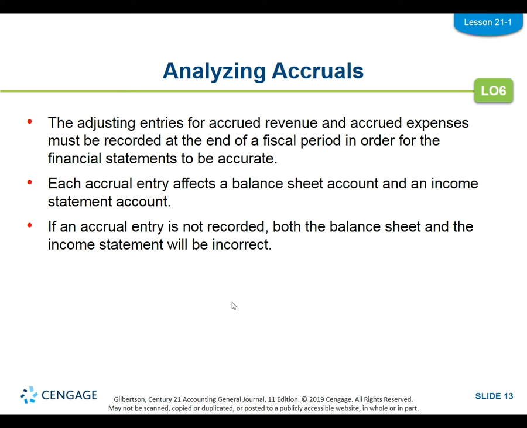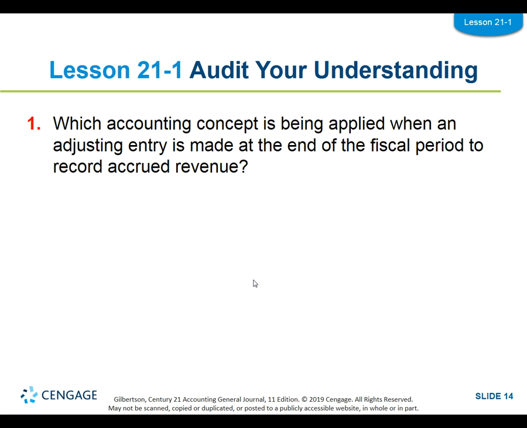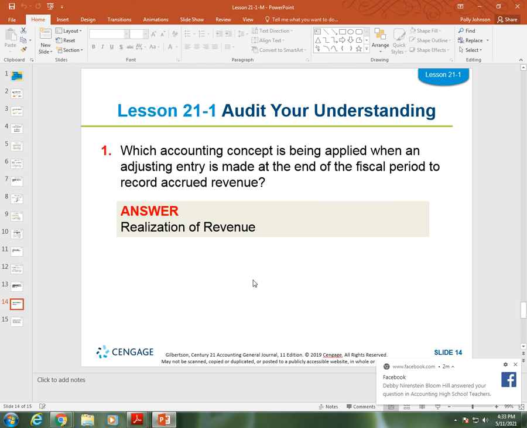If the accrual entry is not recorded, both the balance sheet and the income statement are incorrect. You don't have to do these entries, but they are incorrect, and it's not accurate, and that's what you want to have accurate, so you can show the accurate net income or net loss and pay accurate taxes. You might be overestimating your income and paying more taxes than you need to. And so you want to have paid just the amount that you are responsible for. And that's what we have in lesson 21.1. Not terribly difficult. You're just going to be recording them, and reversing entries is all you're going to be doing.